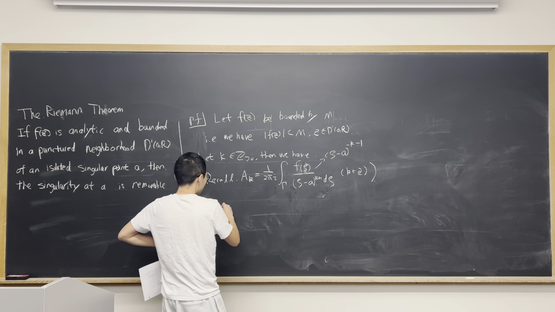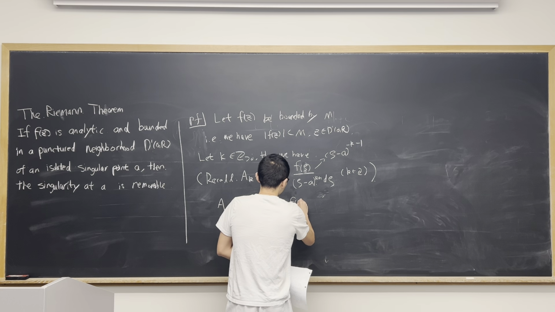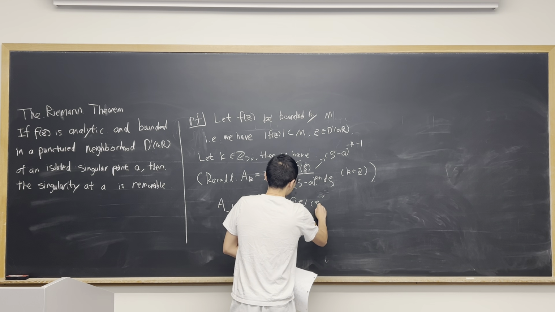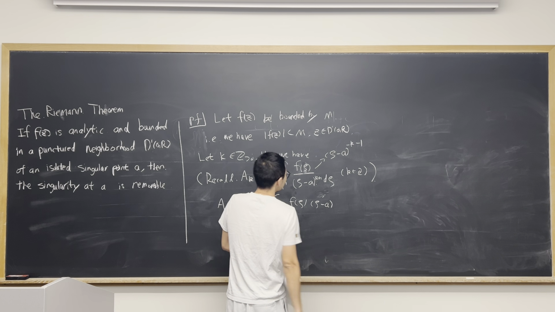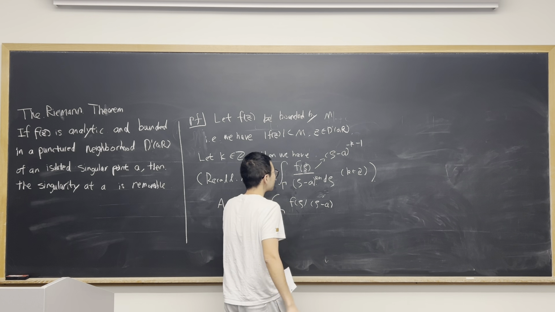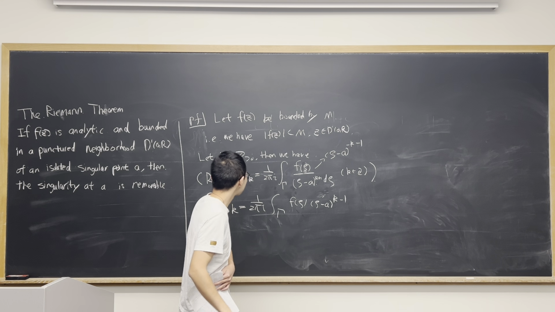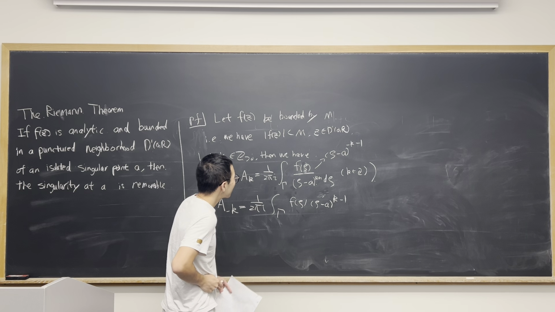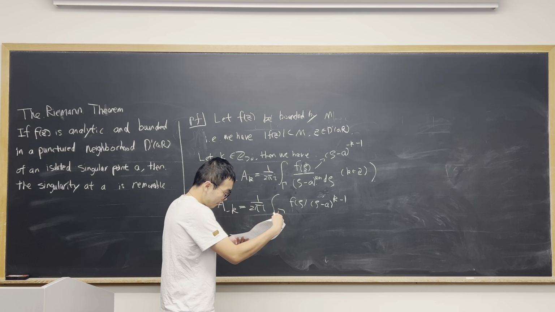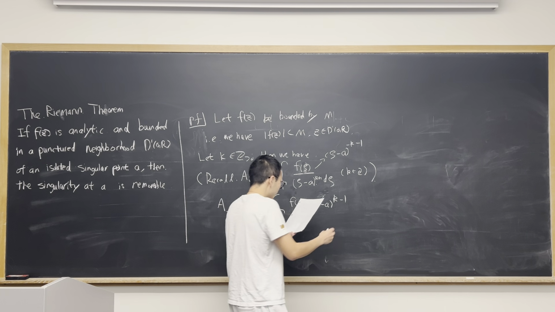So this one is equal to 1 over 2 pi i integral over gamma of f of zeta times (zeta minus a) to the power k, where this k is the positive part, right?